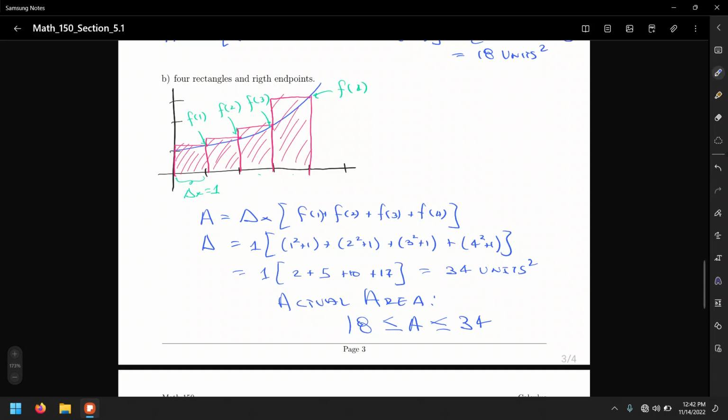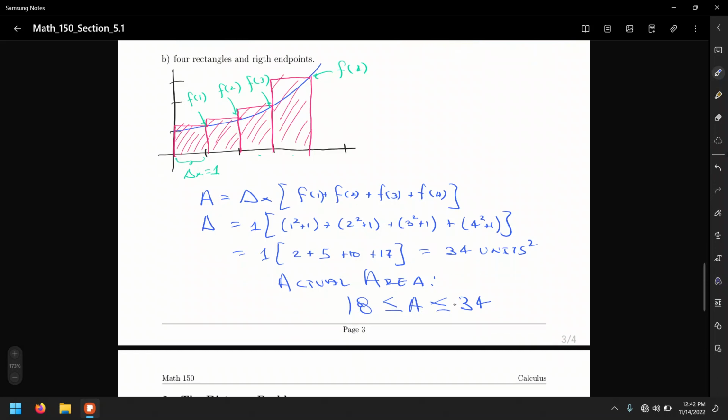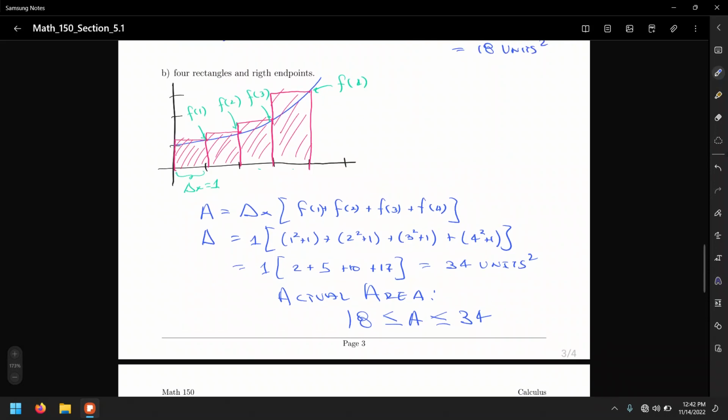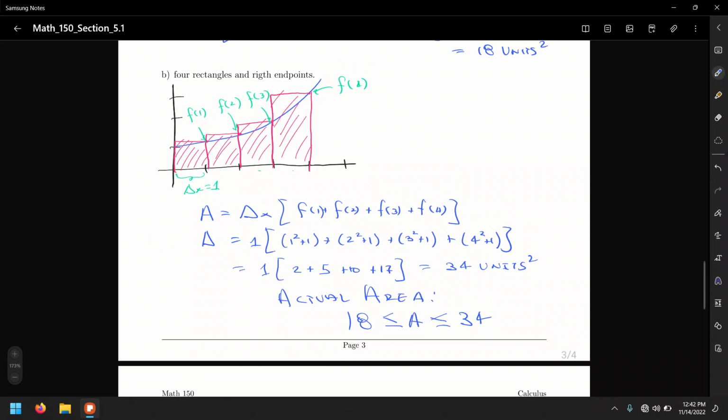And be careful, we cannot just say, oh yes, it's going to be the average between 18 and 34. No, that's because this region is not perfectly symmetric. So for now, we're not going to care about what that value is. All we're doing is computing areas using right endpoints and left endpoints, so you can see the difference between the estimations.